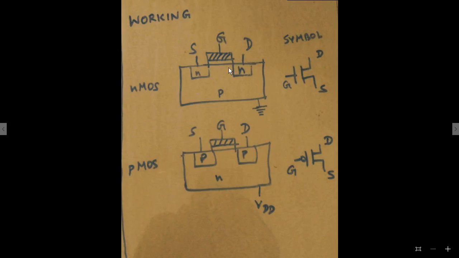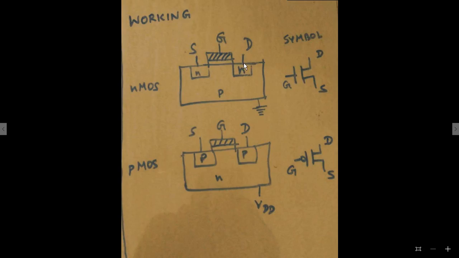I mean, these electrons will create an electric field on the other side, which will result in accumulation of holes here. Just no impact, because already there are holes in the entire thing, and there is no way of electron transfer from source to drain or drain to source. So this is the off condition of N MOSFET.